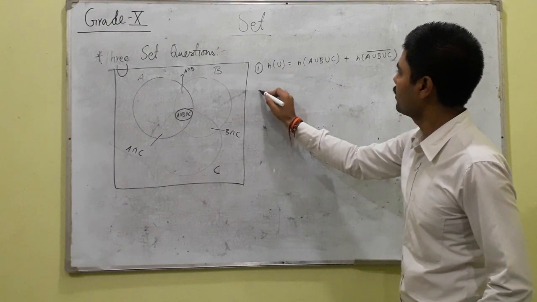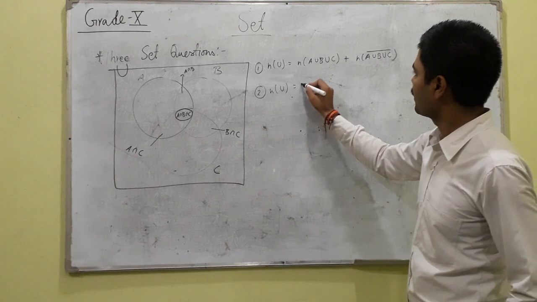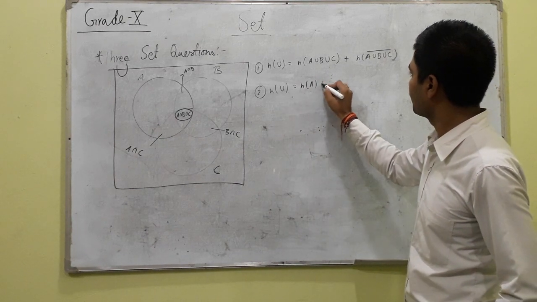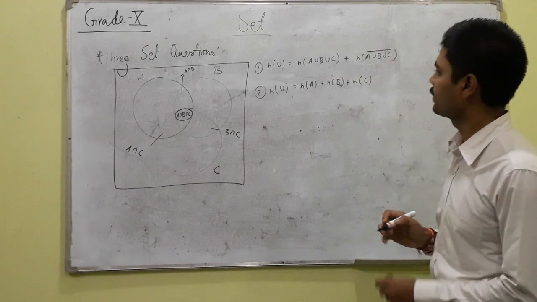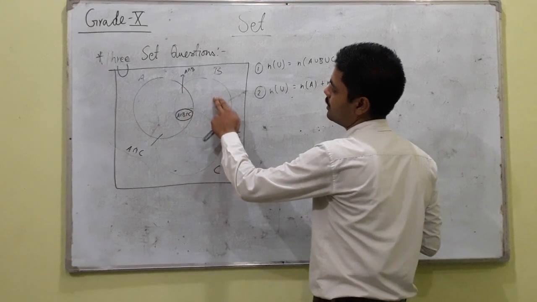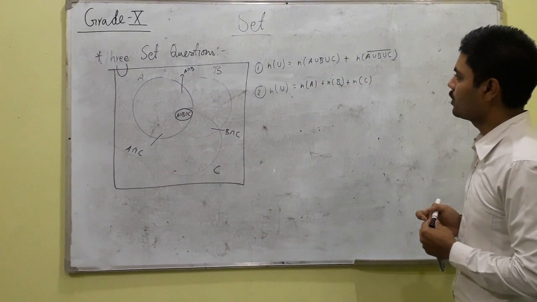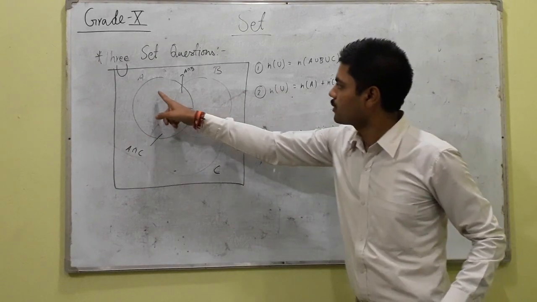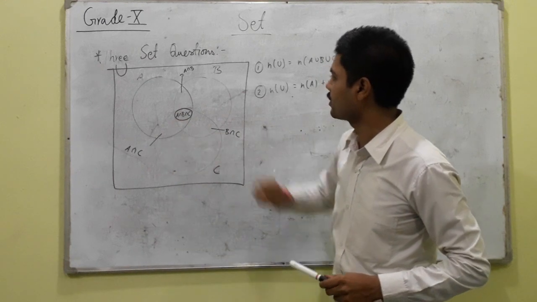And another formula to be utilized here is the number of A, number of B, number of C. Total number of elements in A plus B, and total number of elements in C. And like before, when we count the total number of elements in A, we have counted this also, this also, and this also.